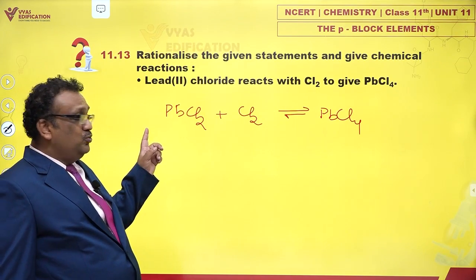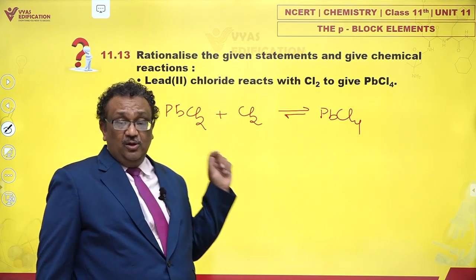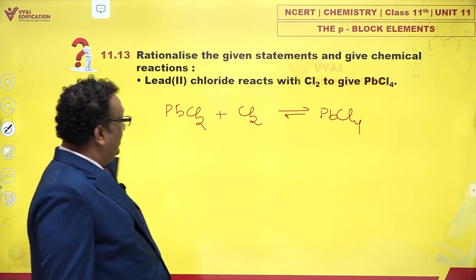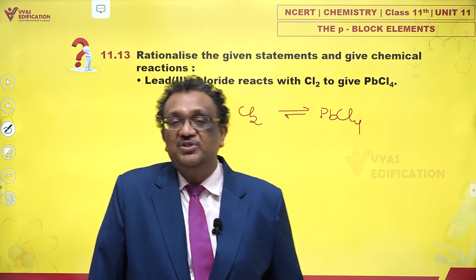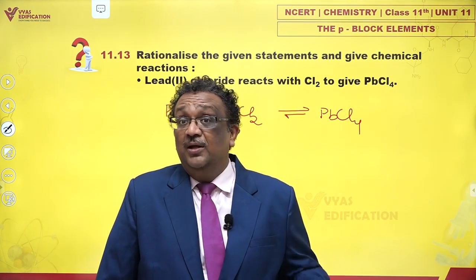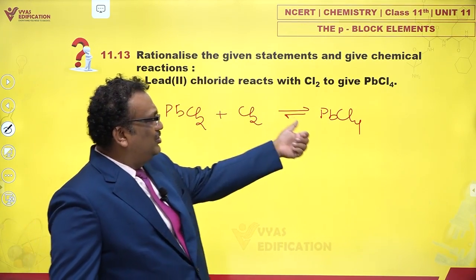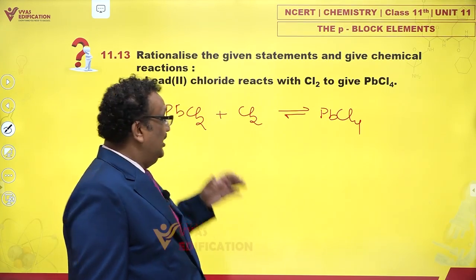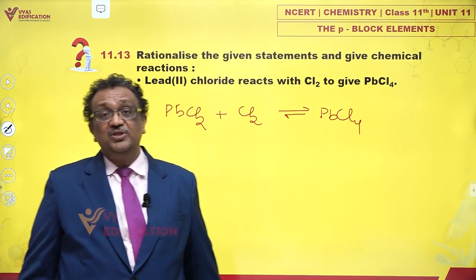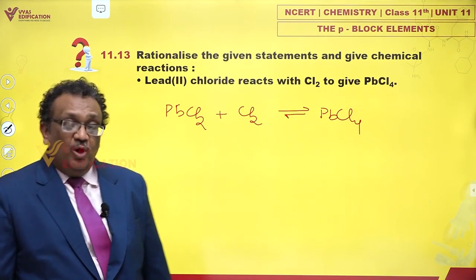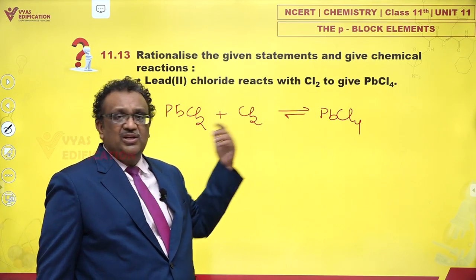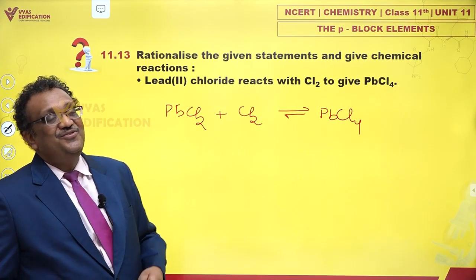Lead is in +2 state. Chlorine is a good oxidizing agent. It oxidizes PbCl2 and pushes it to give you PbCl4. Please note, because of inert pair effect, PbCl4 is not very stable. Since chlorine does manage to generate PbCl4, but PbCl4 is not very stable, the reaction is reversible, but nonetheless, this reaction can happen.